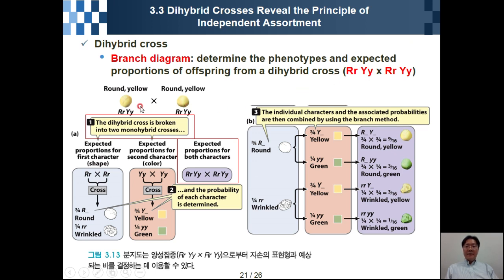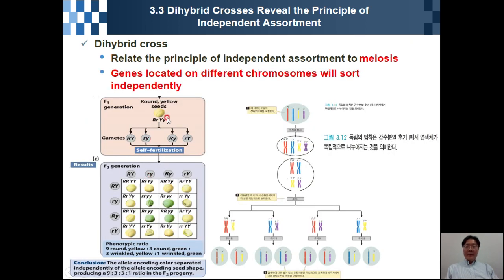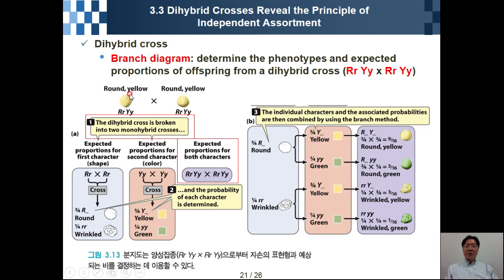Okay, let's start from here. In the F1 generation, we will have large R, small r, large Y, small y, and we will do self-fertilization.